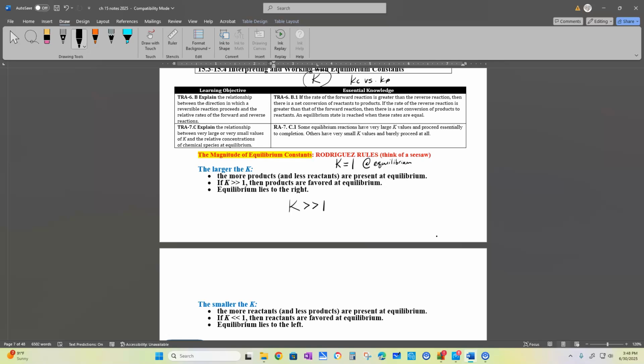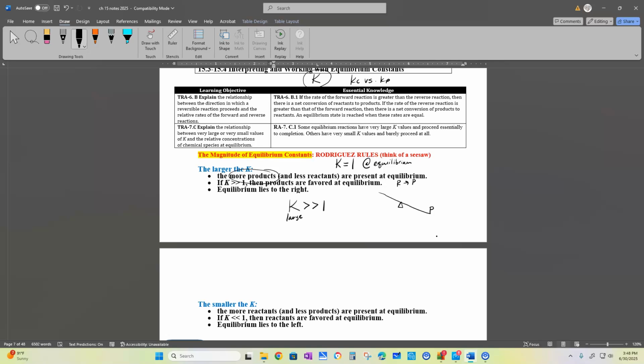Okay, what happens is you think of a teeter-totter, like a seesaw back in the day. When your value is so large, greater than 1, you actually have more products. If this is your reactants making products, your products are kind of weighing this reaction down.